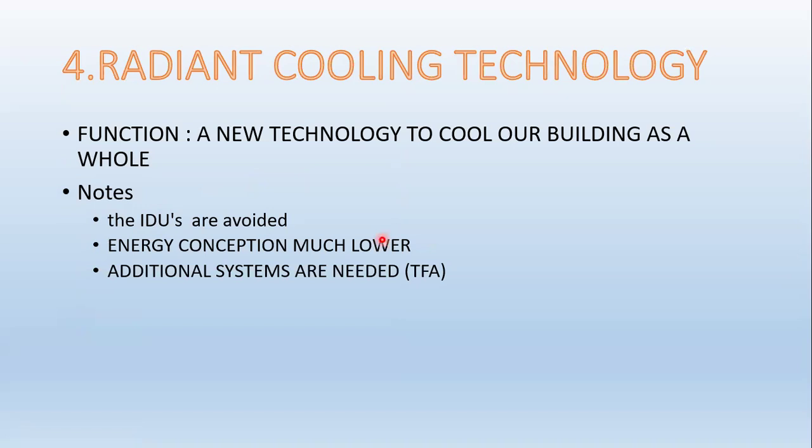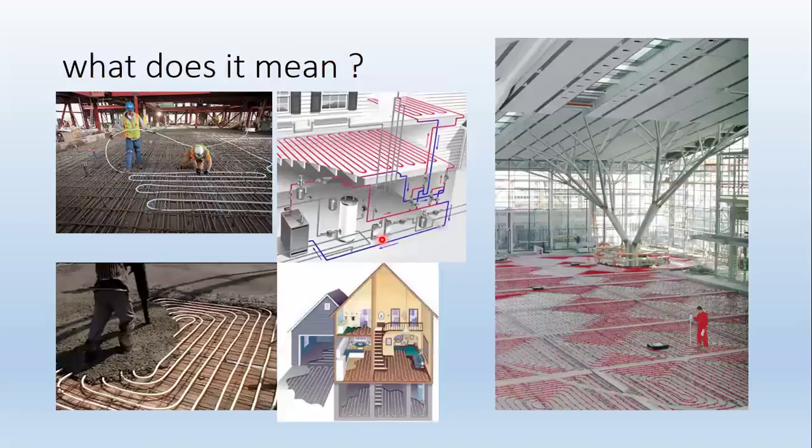Comparatively, if there is no IDU, the energy consumption should be much lower, isn't it? However, you will have a conventional chiller for that assembly itself. If you need additional systems such as TFA, you can implement that along with the RCT itself. Look at this picture, guys.